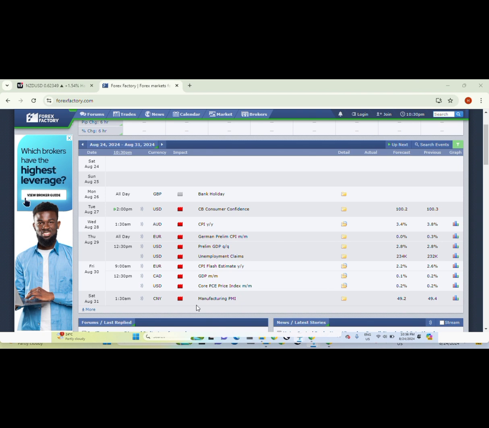Then on Saturday we have news concerning the Chinese market. Now you have to note that the Chinese economy has a serious effect on the forex market because China is known as one of the biggest economies in the world.